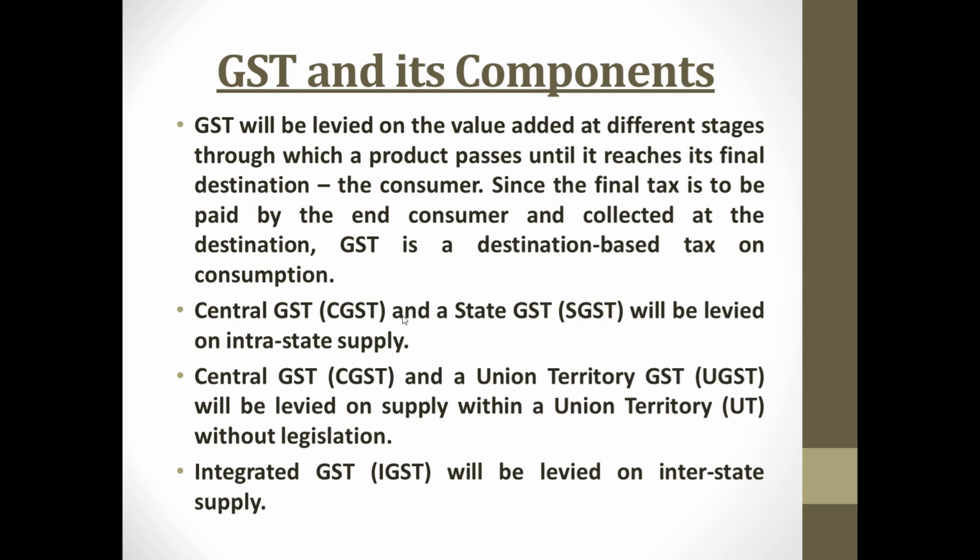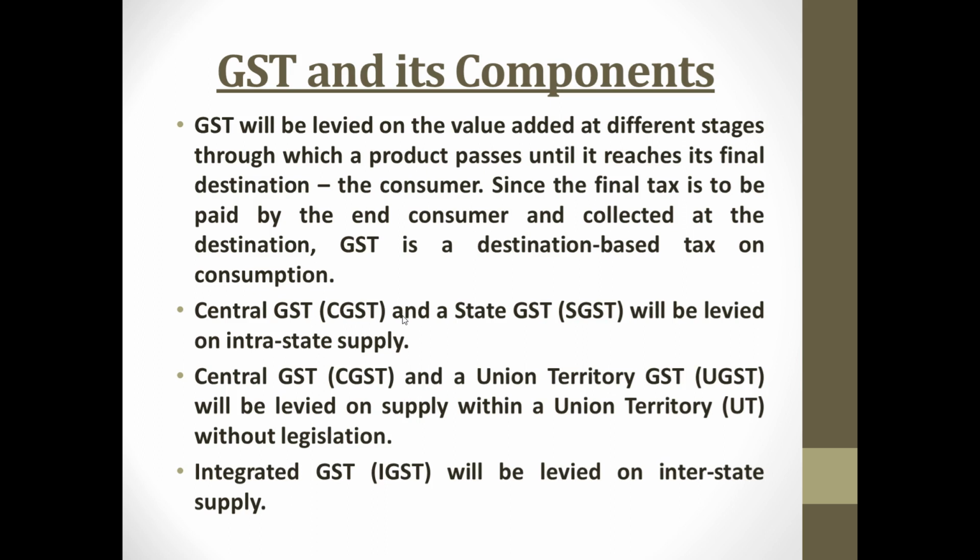Again, the sharing of this tax will be 50-50, just as in the case of intrastate supply, and the imposition of tax will also be 50-50. So you will be showing 10% as CGST and 10% as UGST, that is Union Territory GST.